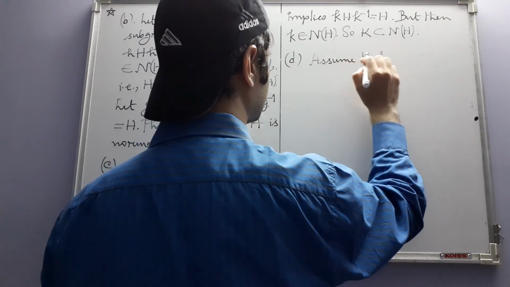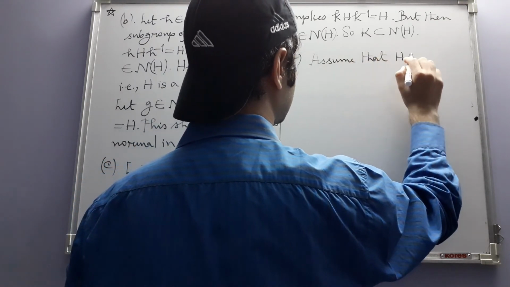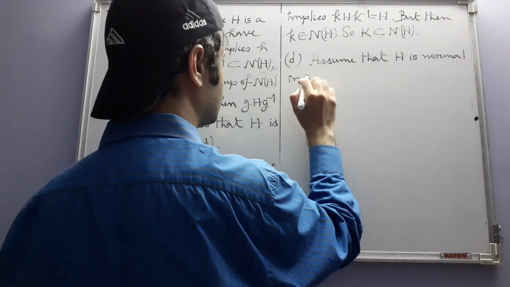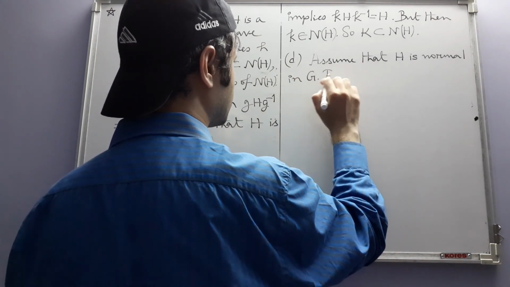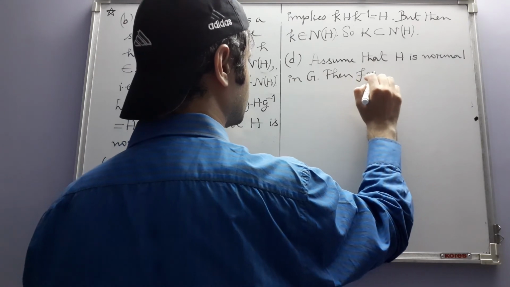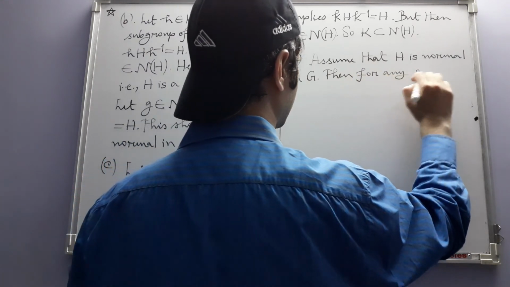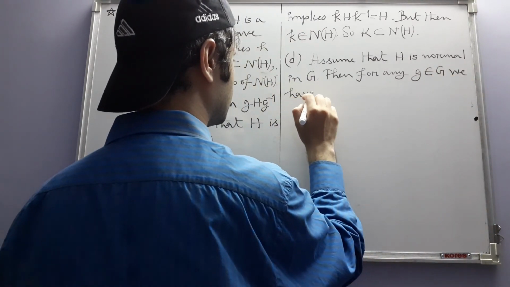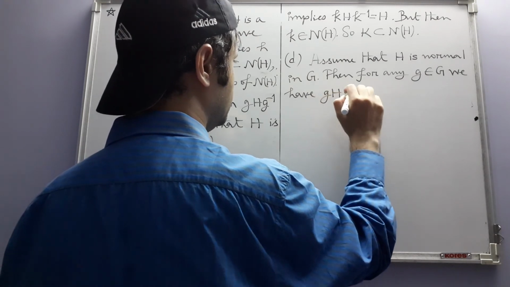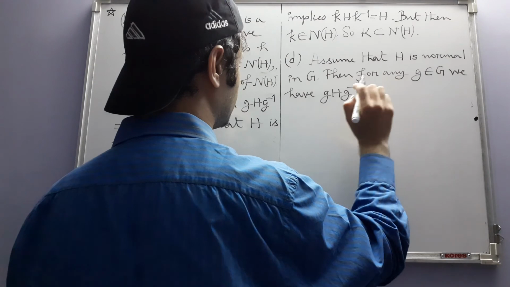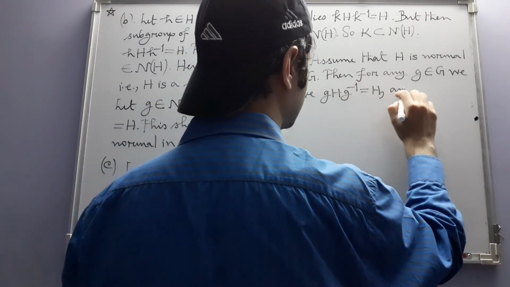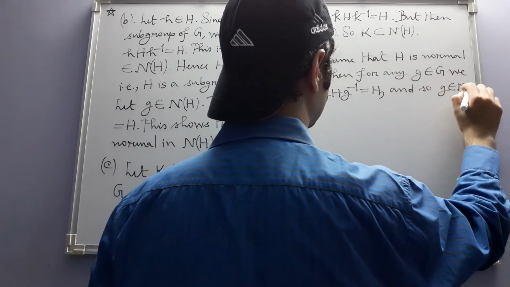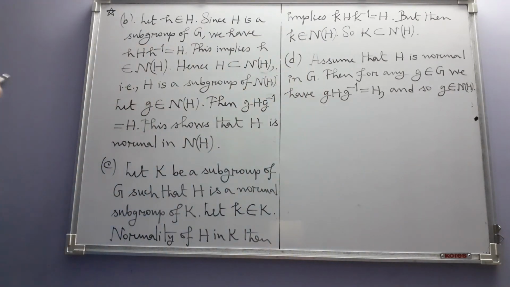Assume that H is normal in G. Then for any g belonging to G, we have gHg inverse equal to H from normality of H in G, and so g belongs to NH.